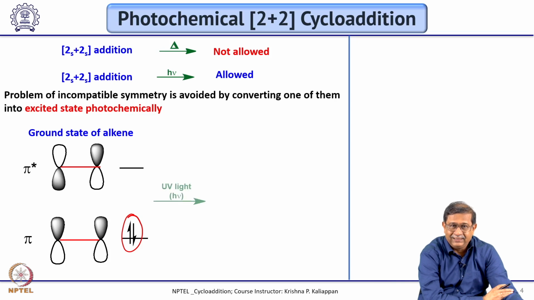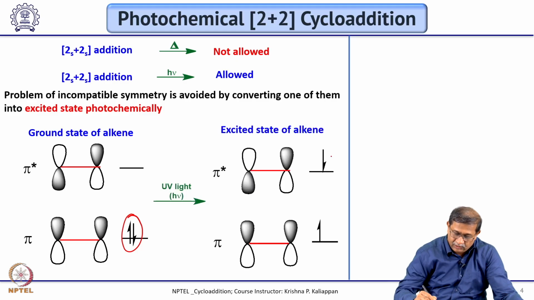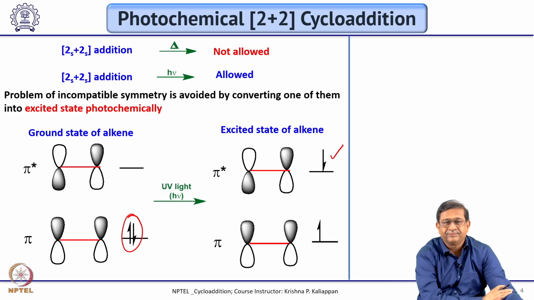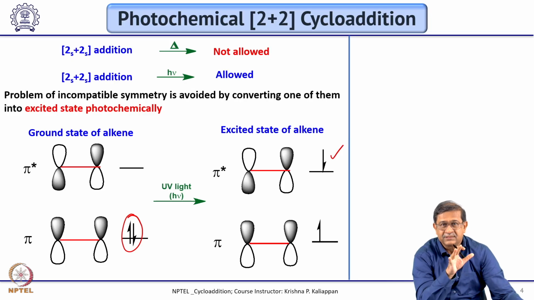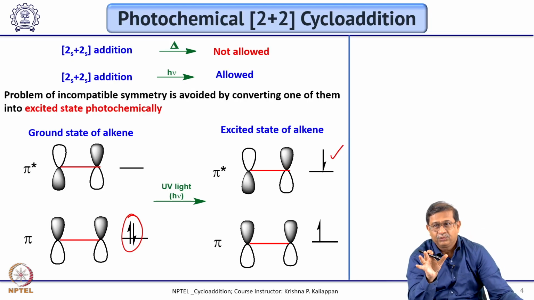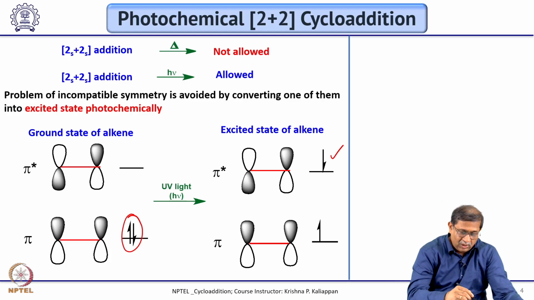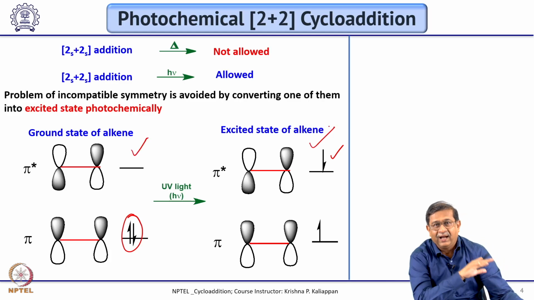But when you excite one electron from the ground state, it goes from pi to pi star. So in a photochemical 2+2 cycloaddition reaction, one alkene reacts with the other alkene which is excited. That is how the 2+2 cycloaddition reaction takes place.